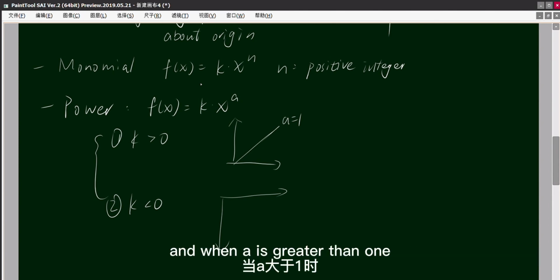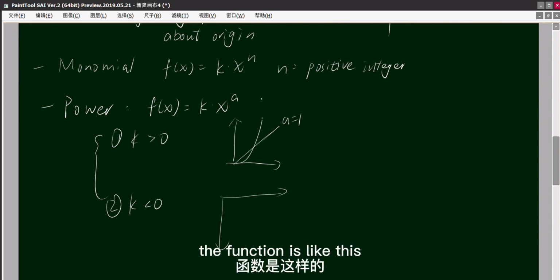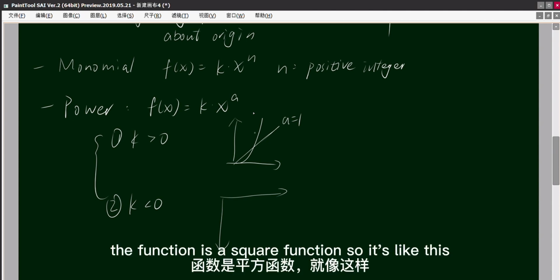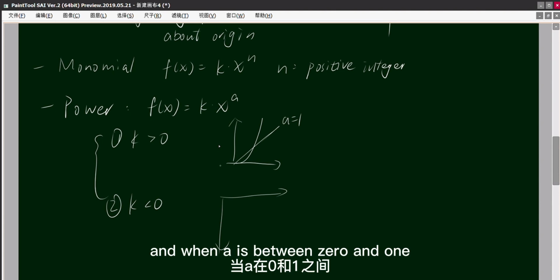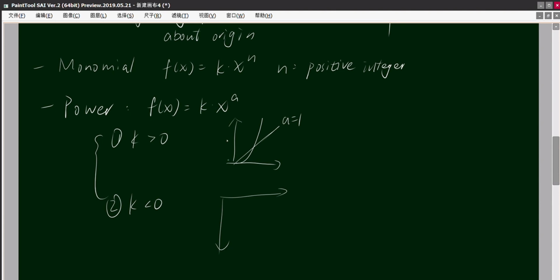And when a is greater than 1, the function is like this. For example, when a equals 2, the function is a square function, so it's like this. And when a is between 0 and 1, the graph is like this.